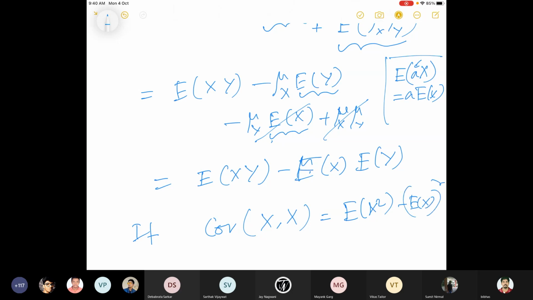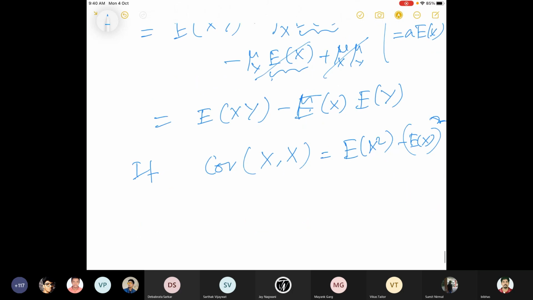So when X is varying, how X is varying with itself, it is nothing but the variance of X. That means covariance is a generalized notion. Covariance of XY is a generalized version of the variance. Variance is defined when we have a single random variable, and covariance when we have a pair of random variables.